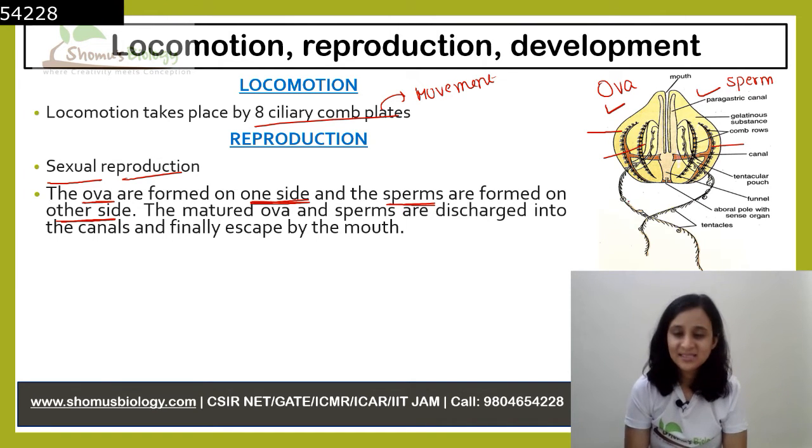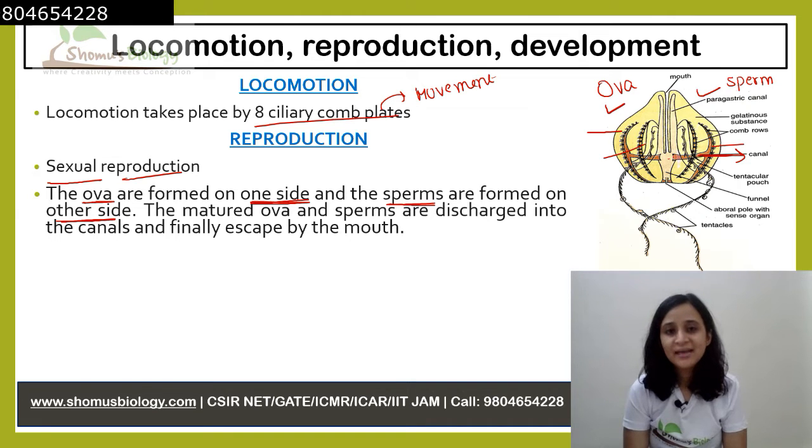So these ova and sperms that are formed on the two sides of the body are discharged into the canal. From the canal they finally escape by the mouth.